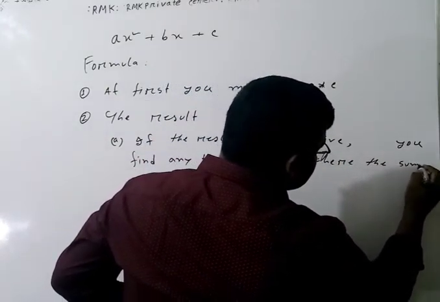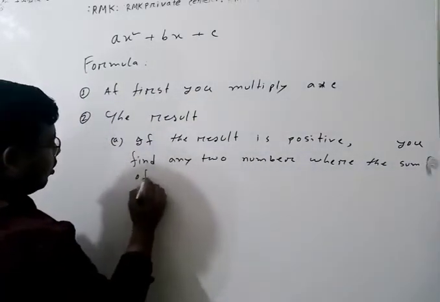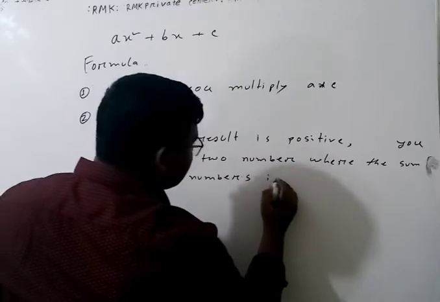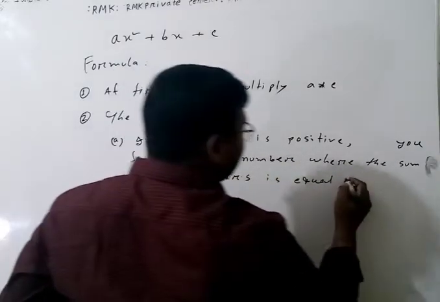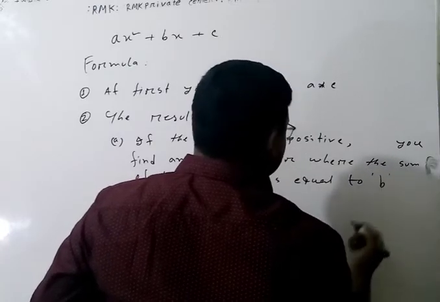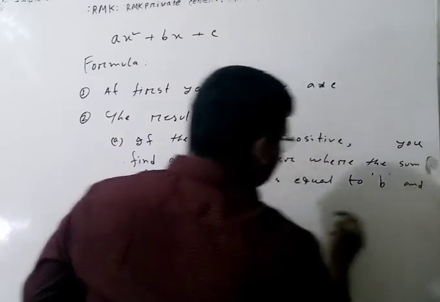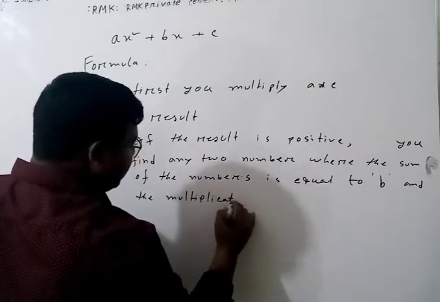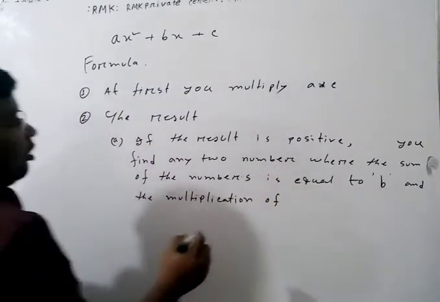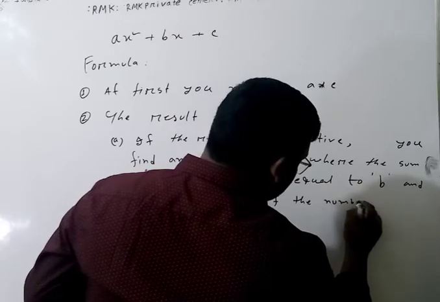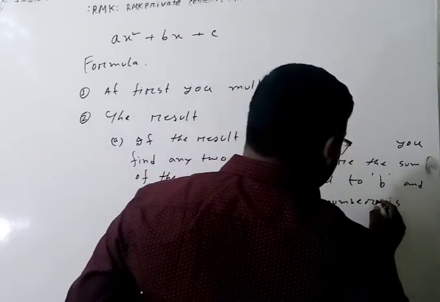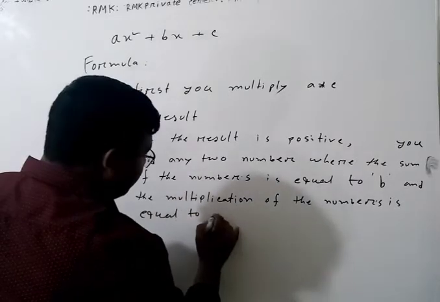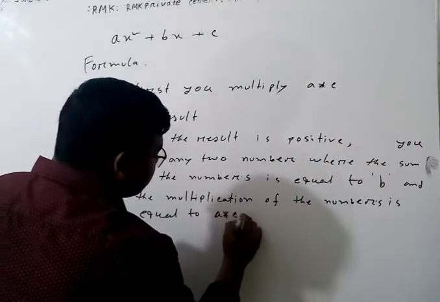the sum of the numbers is equal to b, and the multiplication of the numbers is equal to a into c.